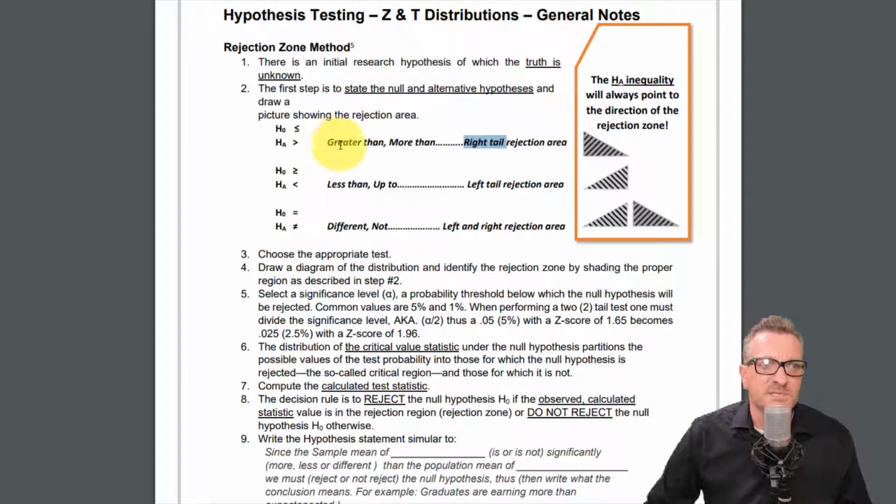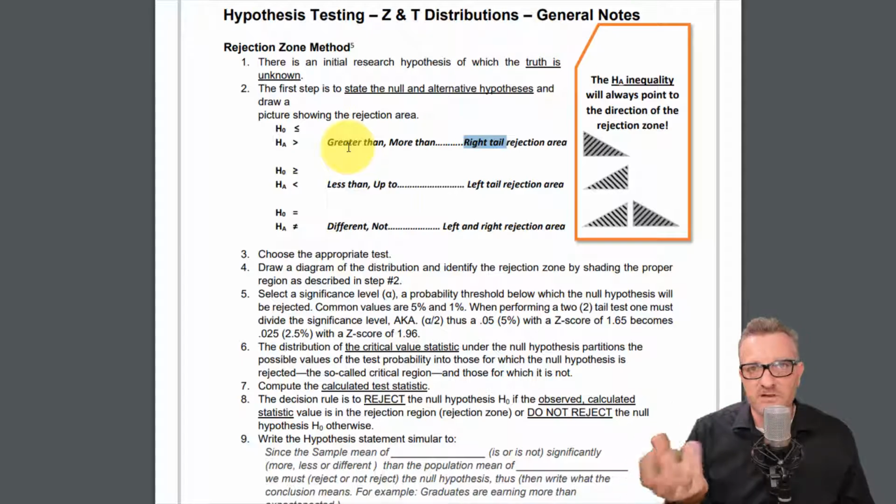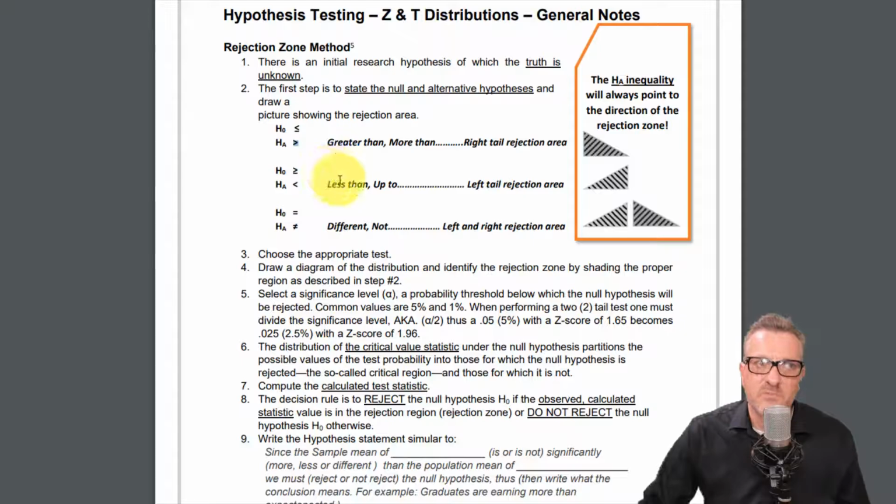So the question says the normal state of affairs is this, and we think that the true state is actually greater than that. And so we end up with our null hypothesis, which is less than or equal to, and our alternative hypothesis, which, like I said before, could be HA or H1, is greater than. And so that tells us we're in this right part.